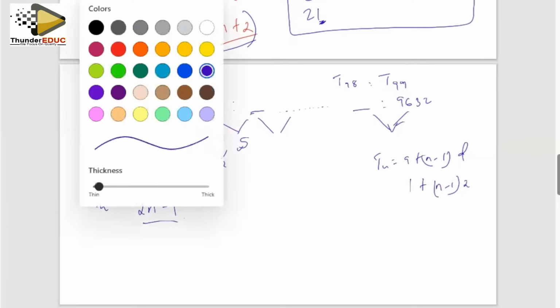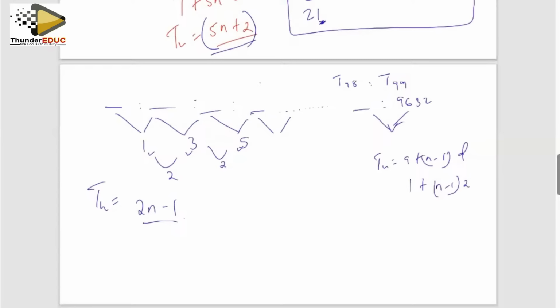Now, what you need to note is we need to find the position of the difference between T98 and T99. What position is this first difference? The first term is between T1 and T2, the second term is between T2 and T3, the third term is between T3 and T4.